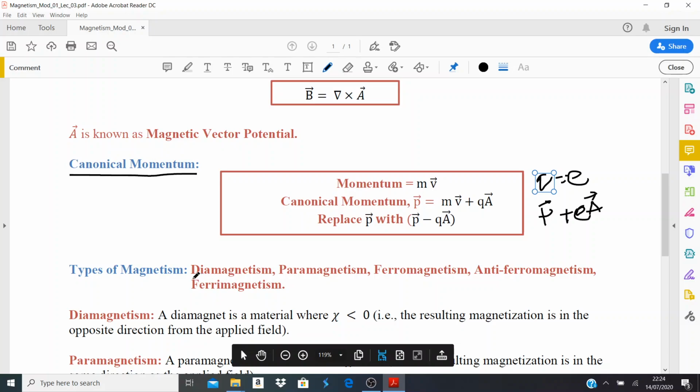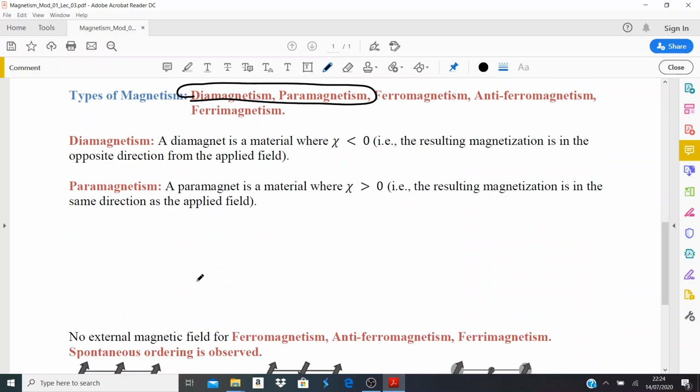So to understand the first two, consider that we have some solid, right? And inside the solid, we have different magnetic moments. And don't worry about what is causing these moments, but the only consideration here is that there are a number of magnetic dipole moments inside the solid.